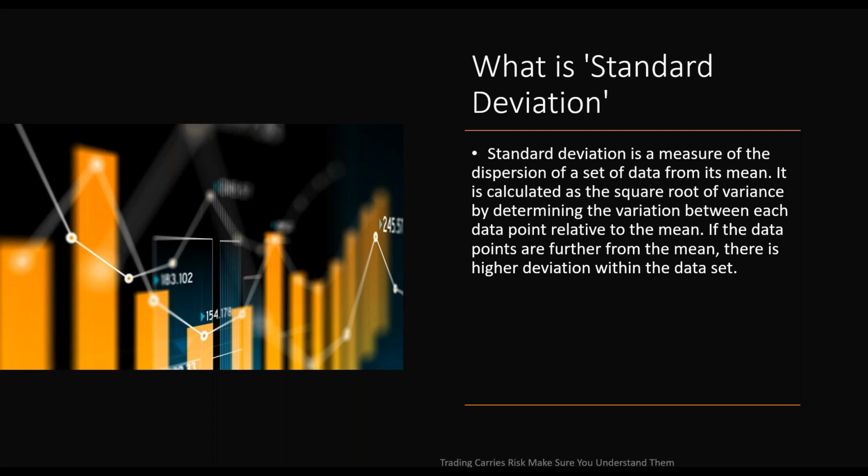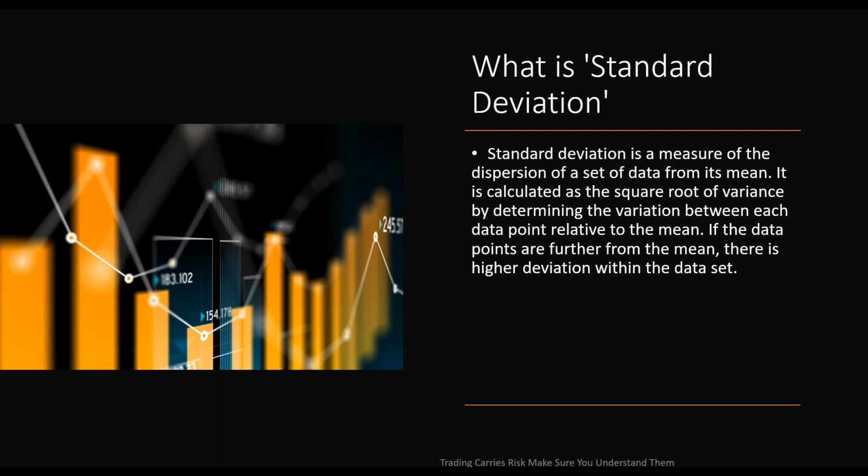If the data point is further from the mean, there's a higher standard deviation within the data set. Okay. Did anybody out there actually understand what I just said? I'm telling you, I've been teaching this class for a long time, and it took me a long time to figure this out. It's a lot of confusing words, and I actually have an undergraduate degree in mathematics and a graduate degree in taxation and finance. Okay, but I still had to figure this out.